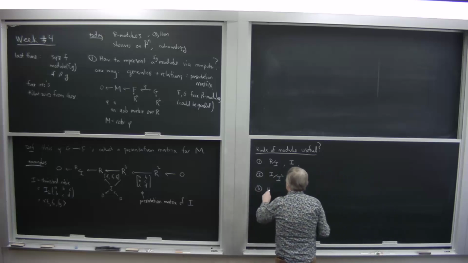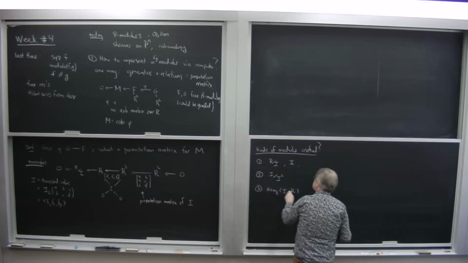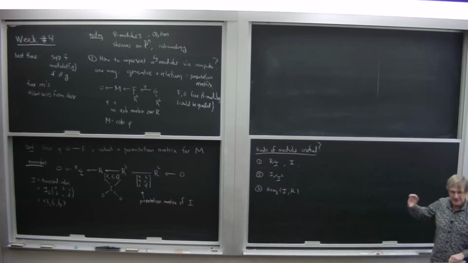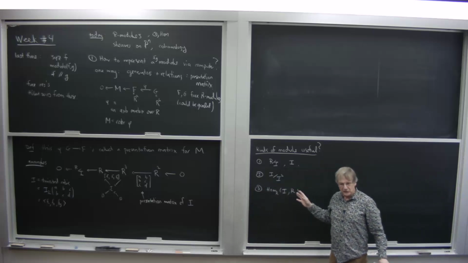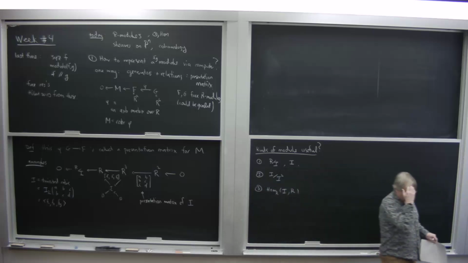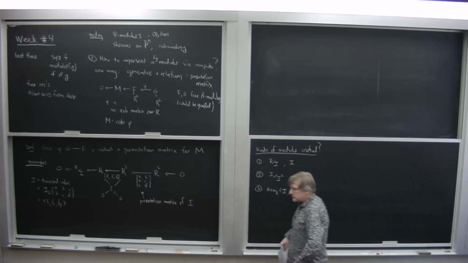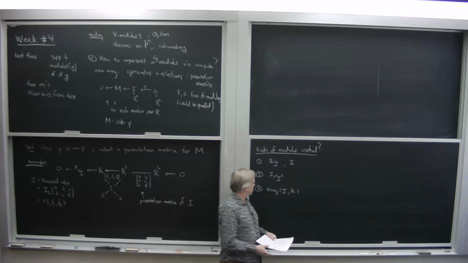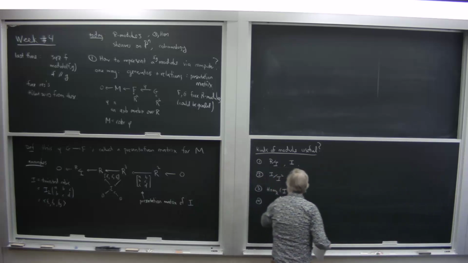Another one might be Hom of an ideal into the ring R. This turns out to be very useful in certain cases. A lot of times, if you just do this, you're going to get R back again. So that's not useful. But a lot of times you don't, and those become pretty interesting. That's when we start talking about divisors and line bundle type things. That'll be really important.